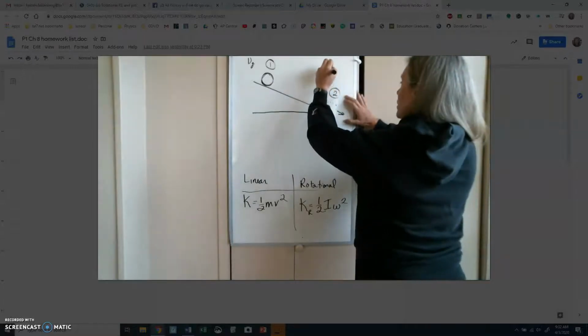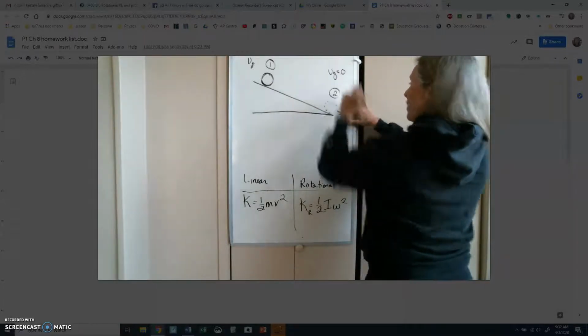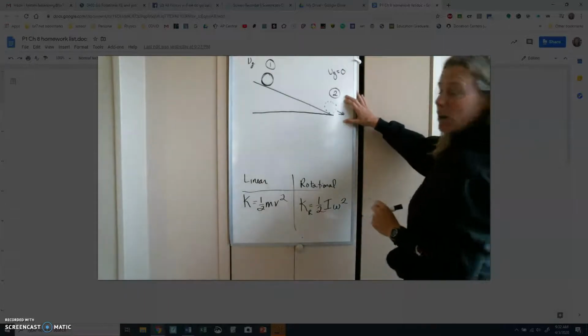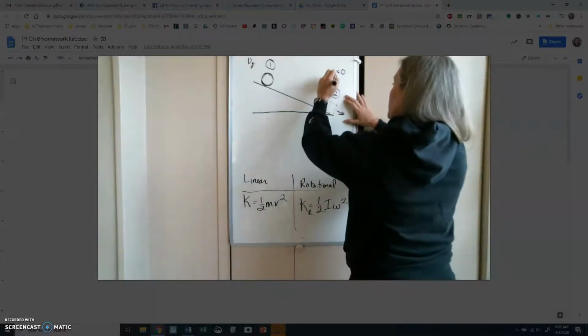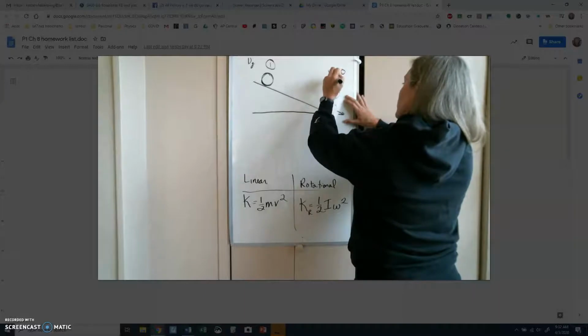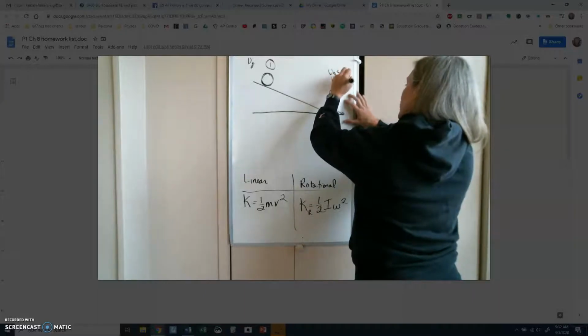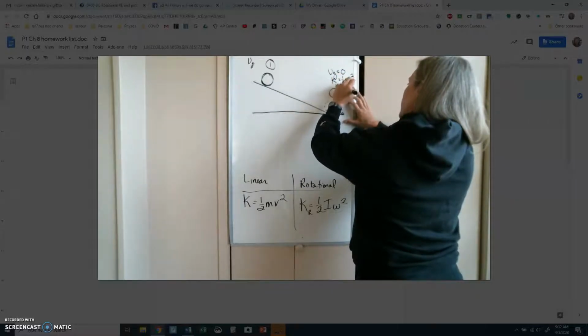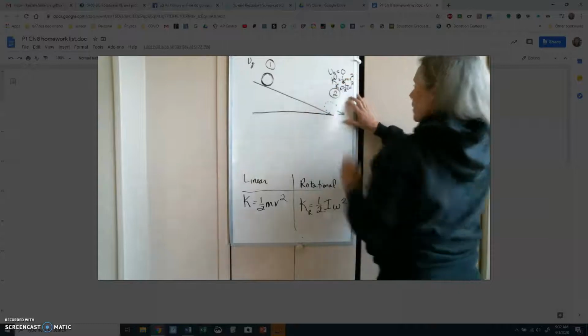I've got UG equals 0 now. There is no gravitational because it's at the bottom of the ramp. But I've got kinetic energy linear, it's translational, 1/2 mv squared. I also have kinetic energy rotational, 1/2 I omega squared.